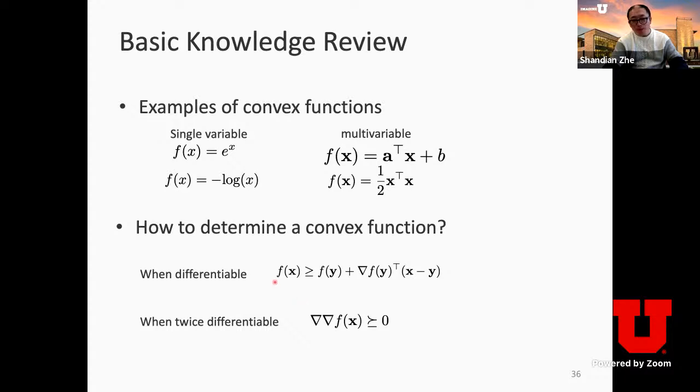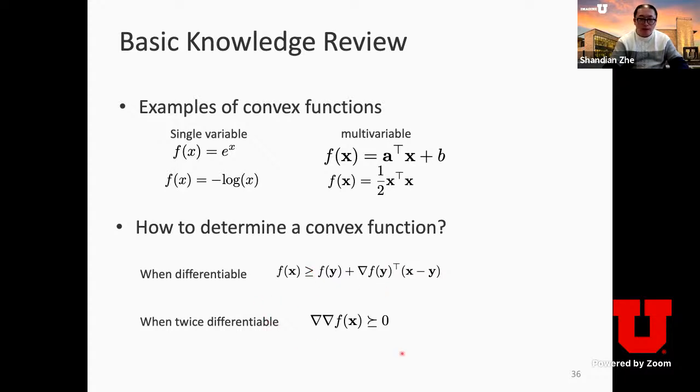So basically, this means that the whole convex function must always stay above its tangent lines. I would encourage you to draw some convex curves and their tangent lines, and verify this fact visually.